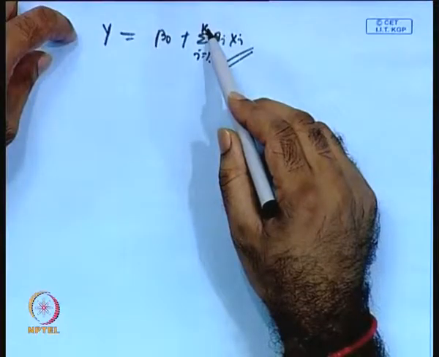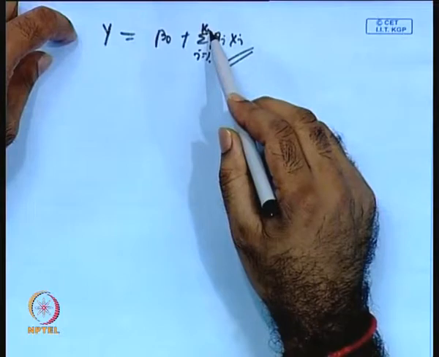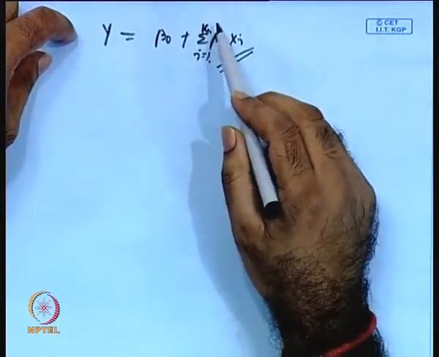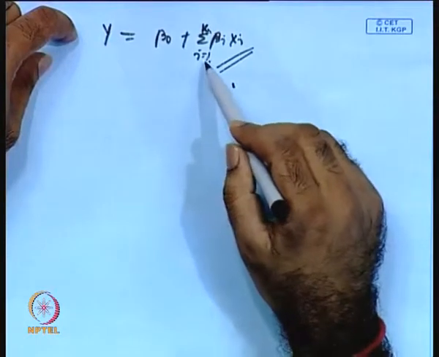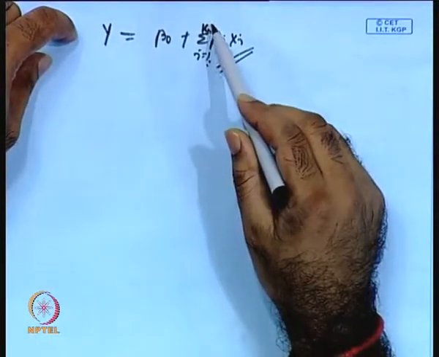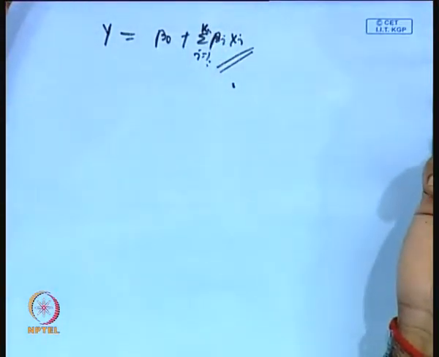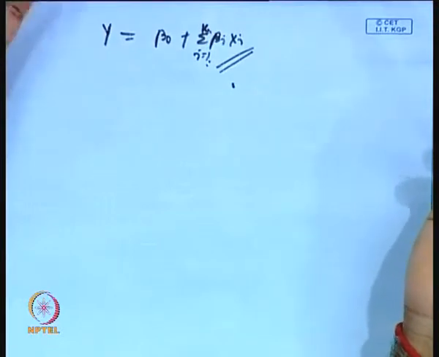In the case of trivariate setups, we put i equal to 1 to 2 only, and in the case of a bivariate model, it is i equal to 1 only, because it is nothing but y equals beta 0 plus beta 1 x1.